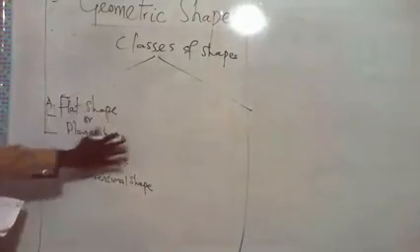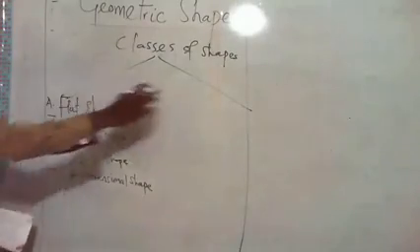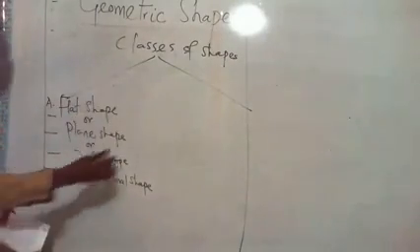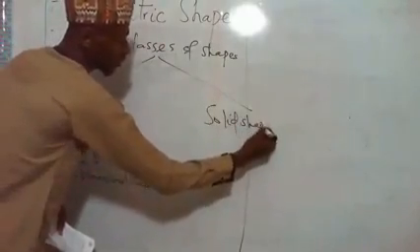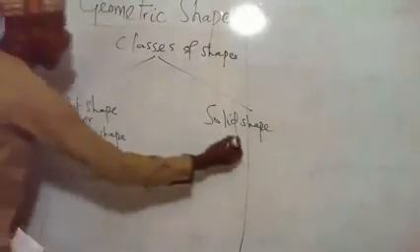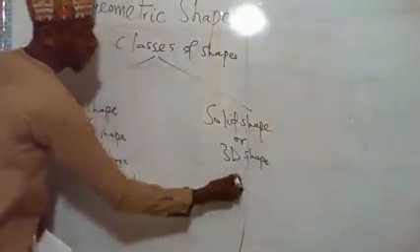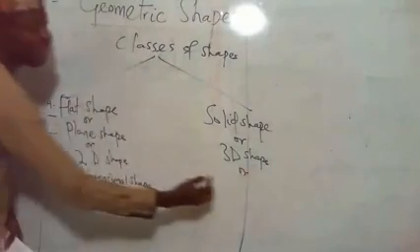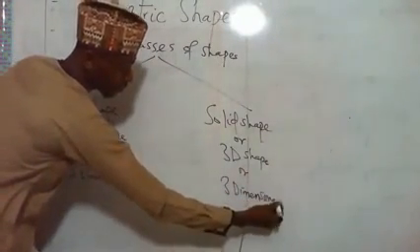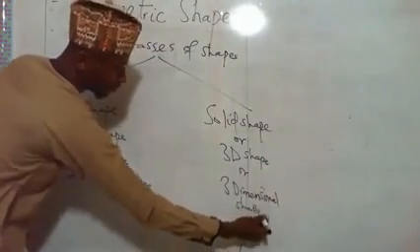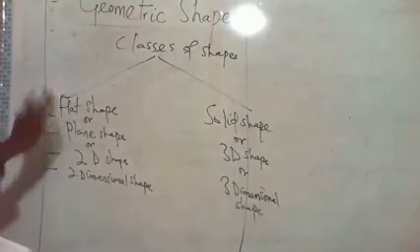Flat shape, plane shape, 2D shape, two-dimensional shape. We also have, I'll explain this, the second one, which is solid shape. You can call it 3D shape, or you call it three-dimensional shape. So these are the two classes of shape we have.